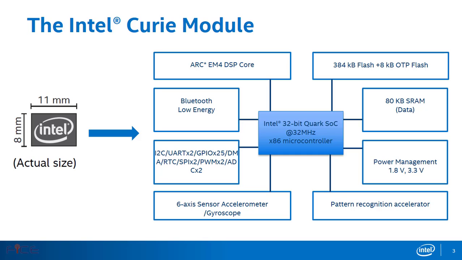Curie module also includes a Bosch BMI 160 6-axis sensing device, Bluetooth Low Energy, and a pattern matching engine which uses 128 parallel arithmetic units, which is also called processing elements. In addition to this, Curie also has 384 kilobytes of flash, 80 kilobytes of SRAM. So we can say Intel Curie is a tiny module with endless opportunities.